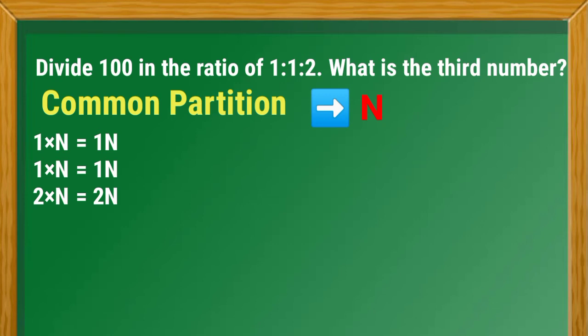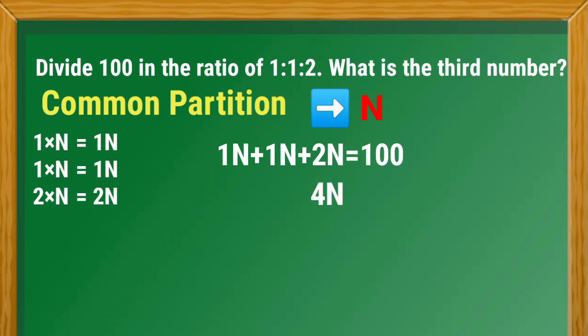As I said, the sum of the parts equals the whole, so we are going to add all the parts. We have 1n plus 1n plus 2n equals 100. 1n plus 1n plus 2n equals 4n. 4n equals 100.